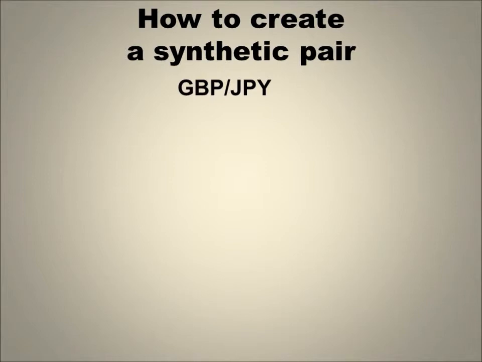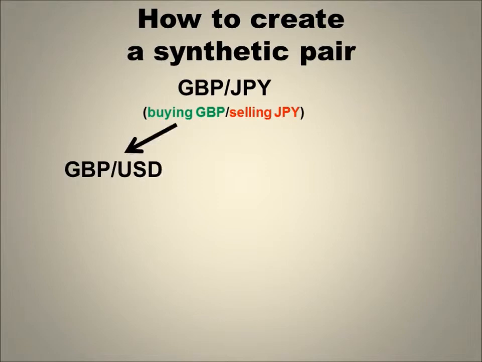So let's see if we can get involved in the pair in some different way. This is how we do that. Let's say we want to buy the British pound and sell the Japanese yen, otherwise going long on this pair. Well, we use the US dollar. Again, we're learning how the US dollar is important in this market. Watch what we do.